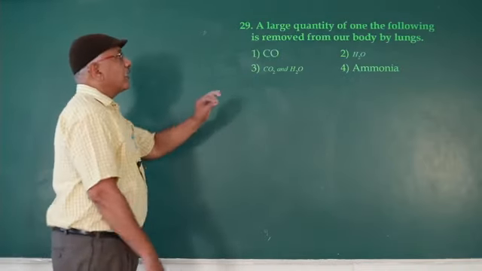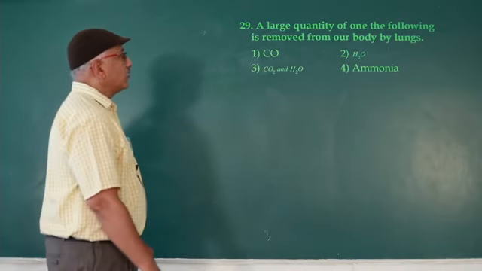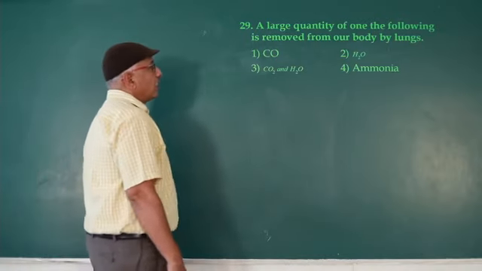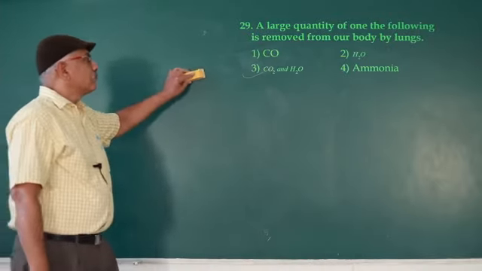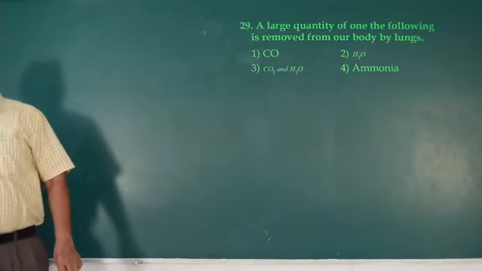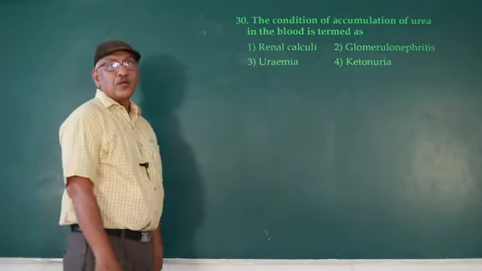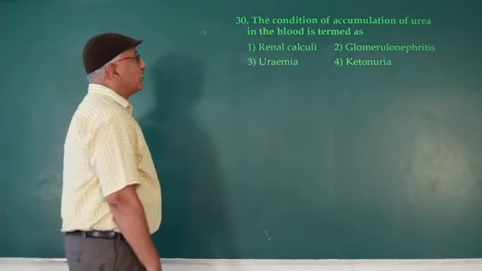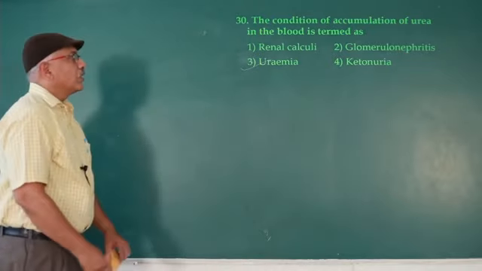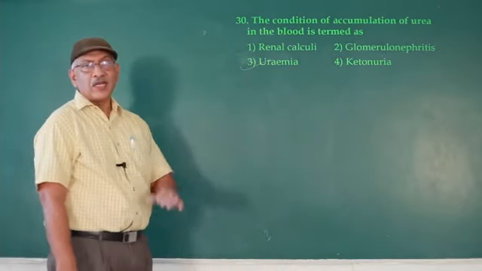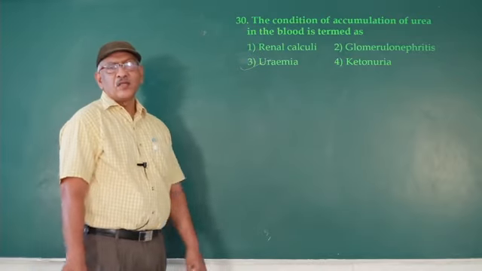A large quantity of one of the following is removed from our body by lungs: carbon dioxide and water. Next question: the condition of accumulation of urea in the blood is termed uremia. What is glomerulonephritis? Inflammation of the glomerular capillaries, known as glomerulonephritis.